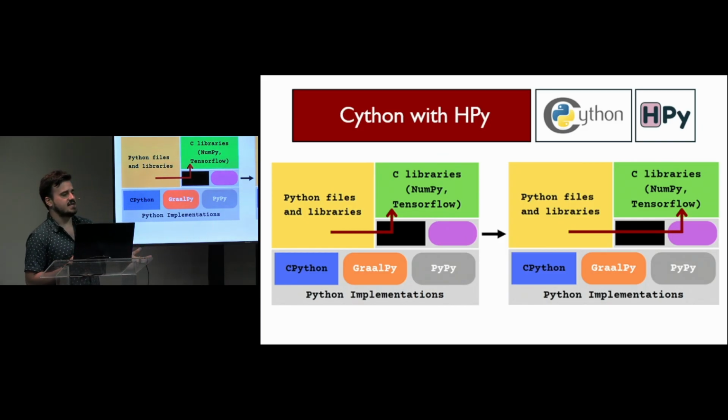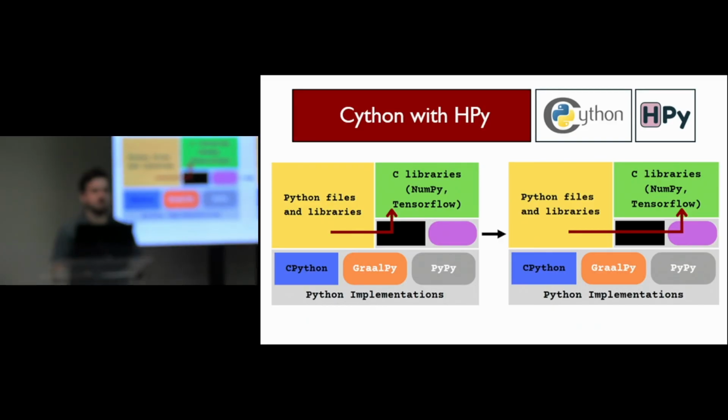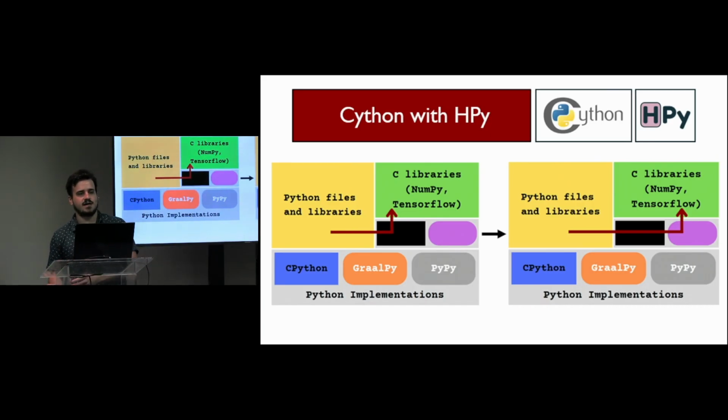So in these cases, we just create a C macro, and then you can choose: I want Cython to create an HPy library, or I want Cython to create a C API library. Depending on which one you chose, this macro will turn into the HPy function or the C API function. That way we maintain Cython's ability to generate C API code, along with adding the ability to generate HPy code.